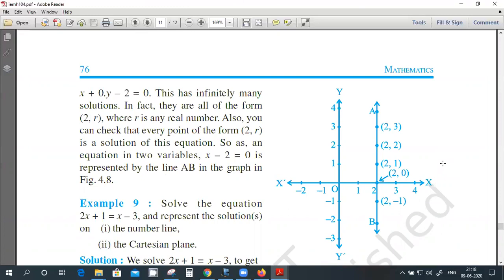See, they have written the coordinates. The x coordinate is the same for all the points. So we can say the equation of this line is x equal to 2.